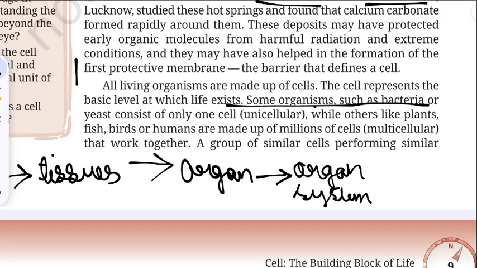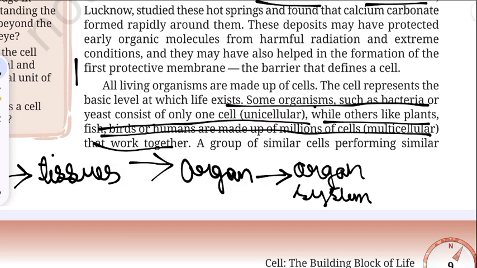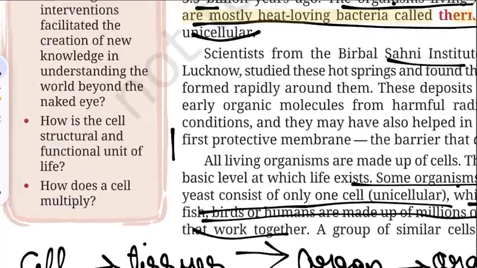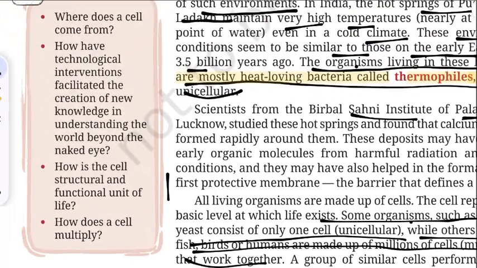One cell means they are known as unicellular, while others, plants, fish, birds or humans, are made up of millions of cells which work together. So they are known as multicellular. Fine. Made up of a single cell, unicellular. Made up of many types of cells, multicellular.